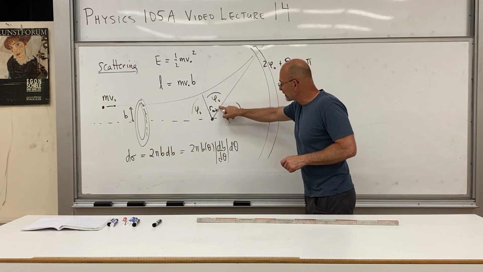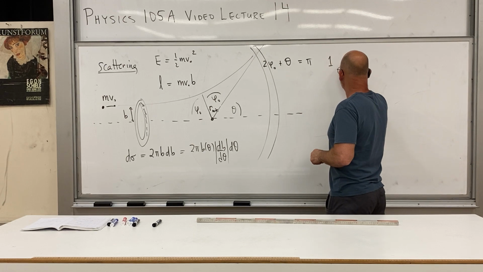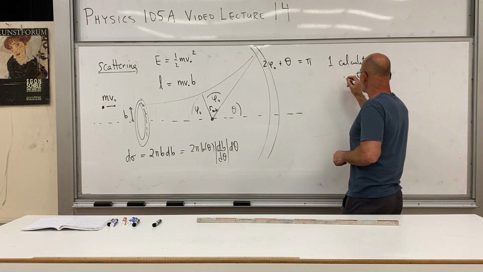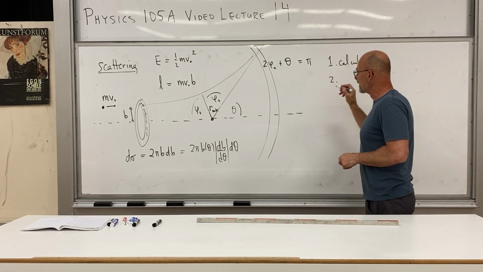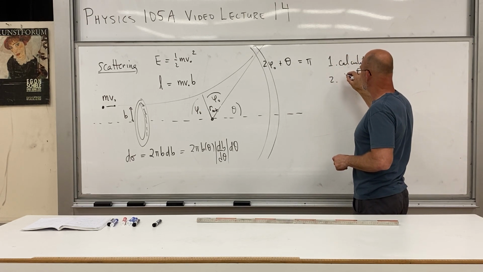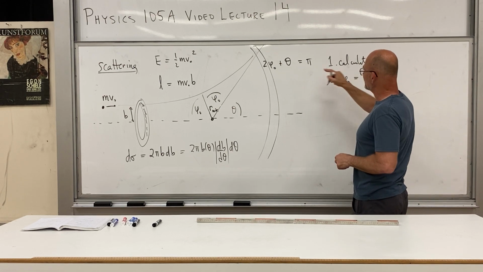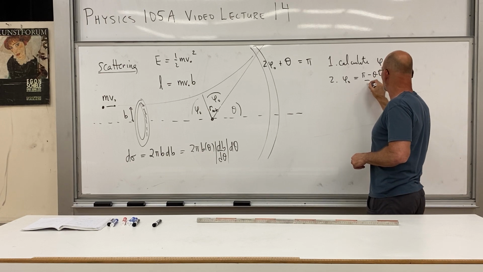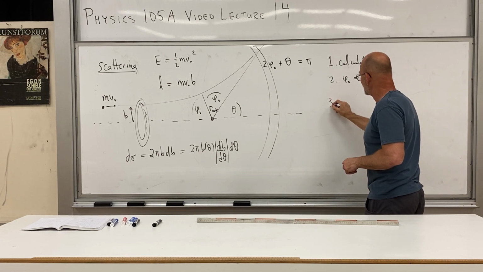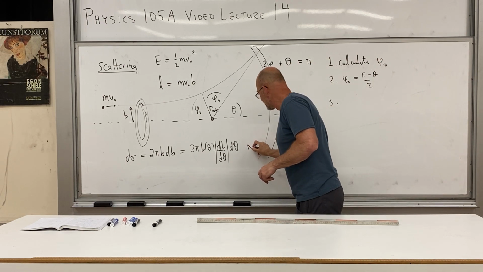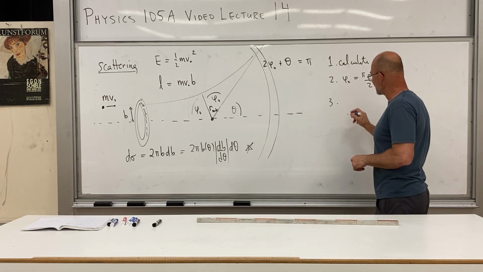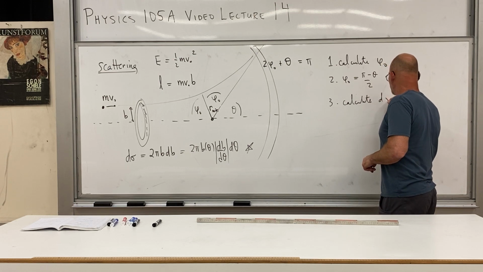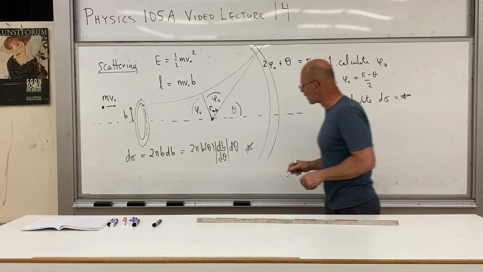So the first thing we do, calculate v sub 0, then we have phi0 is equal to pi minus theta over 2. And then for the third thing is we then calculate d sigma, this expression star here.